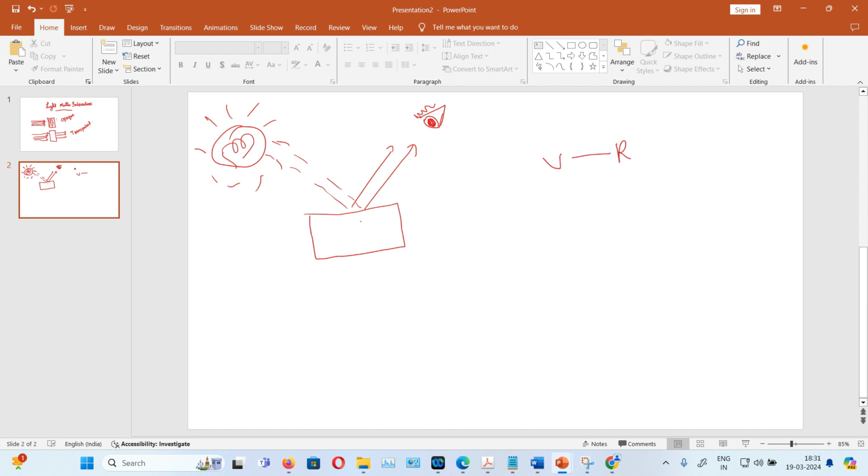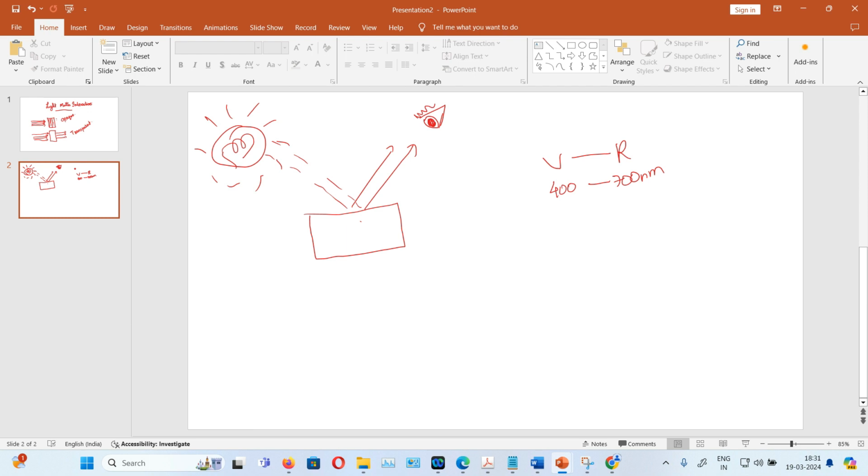The whole spectrum together is detected by cells in our eyes, and we see it as a white light source.